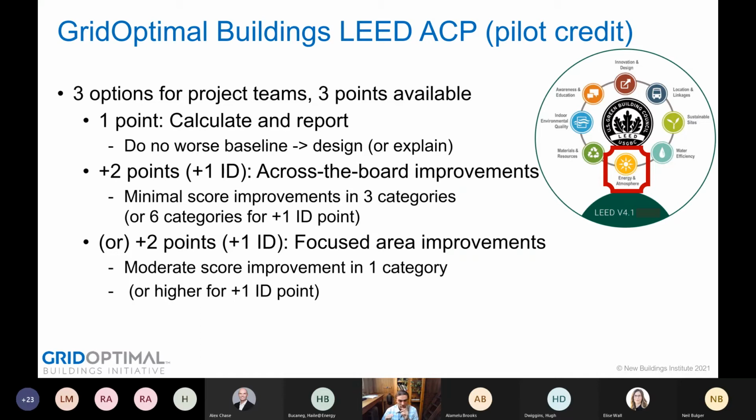So first point, you basically calculate the building's performance using these GridOptimal metrics. I'm just realizing I don't have a table of them in this presentation, but I'll pull it up as we discuss. And then report. So there's a spreadsheet calculator. You put your 8760s from your energy model in baseline.